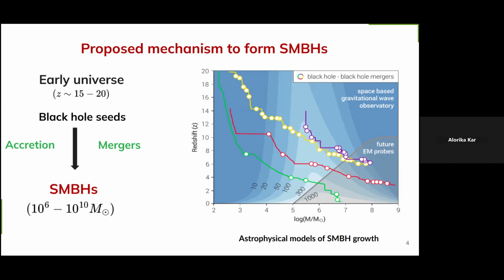So the most dominant idea currently is mass growth through accretion and mergers from the early universe to the day we are having these current observations using JWST and others. Here on the right-hand side, you can see a plot which shows how this mass growth might have happened. On the x-axis is mass, and on the y-axis is redshift.